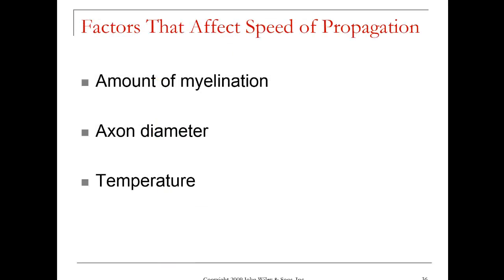So there are a couple of factors that will affect how fast the action potential will spread down the axon. Remember, the term propagation just means to spread. The amount of myelin: if you have myelin, it's going to be fast. If you don't have myelin, it will be slow, because it's going to depend on continuous conduction.